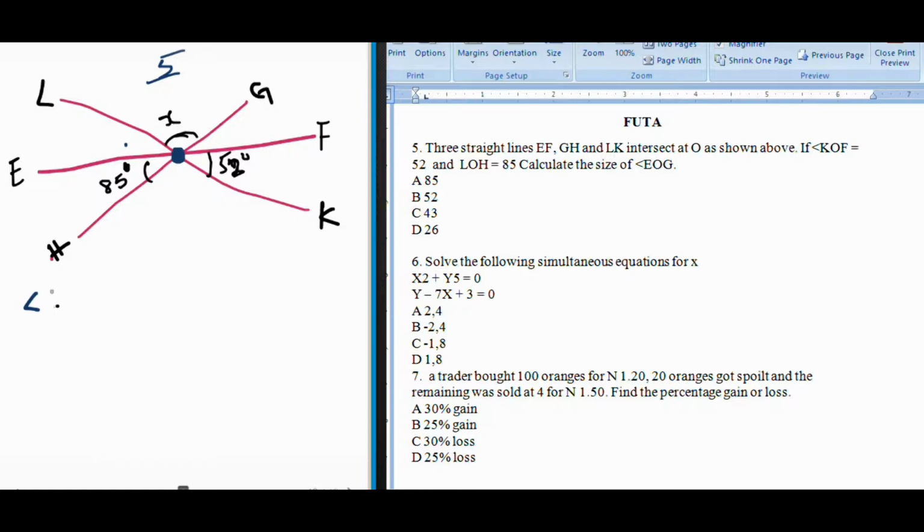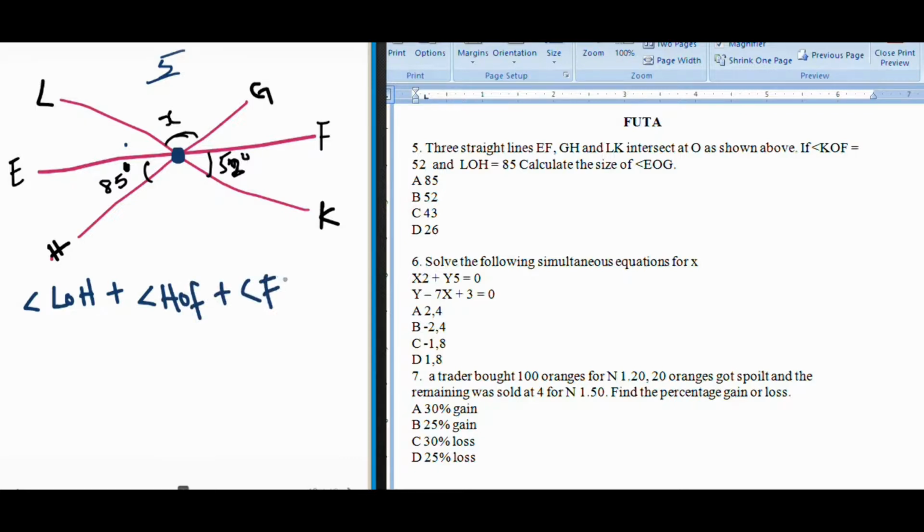Now our LOH is given as 85 degrees, plus angle HOF, which is unknown, plus FOK, which is given as 52, will be equal to 180 degrees.